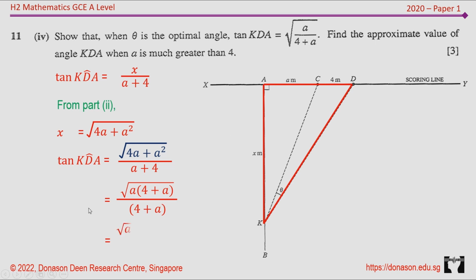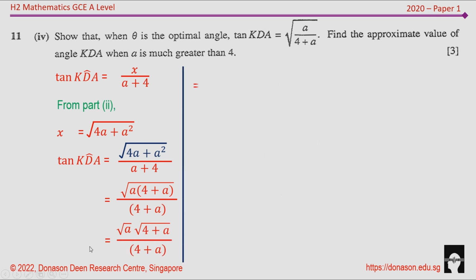So the best thing would be to multiply the numerator and denominator by root of 4 plus a. When you do that, I split this up, so I get this. Now I can just do this: 4 plus a to the power of half, because square root means power half, and in the denominator there's a power 1, so I just subtract 1, and this gives me a minus half.